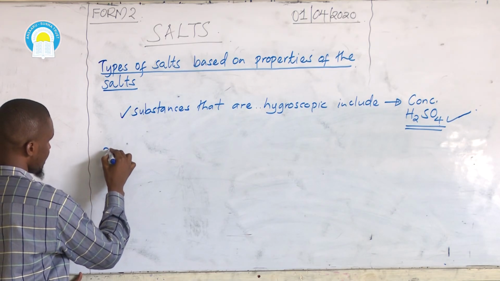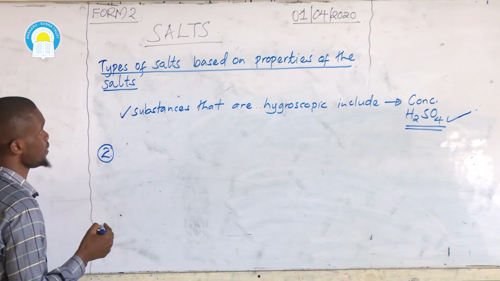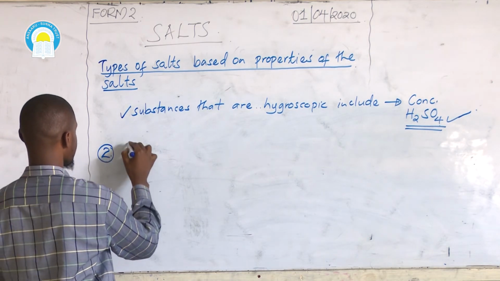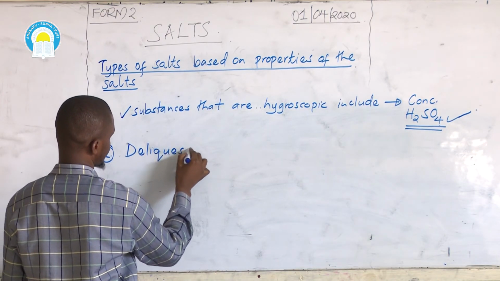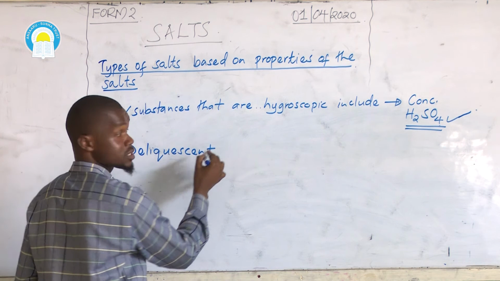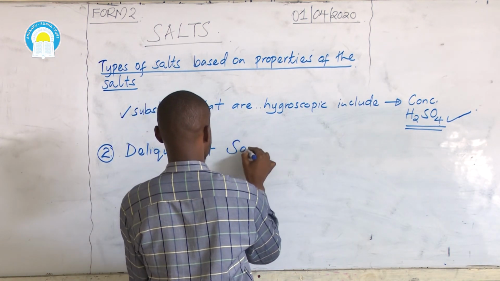For today, because of time, I may end at number 2 type, where we talked about deliquescent salts.